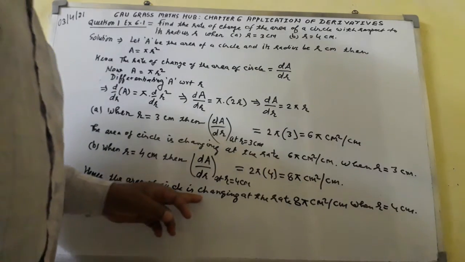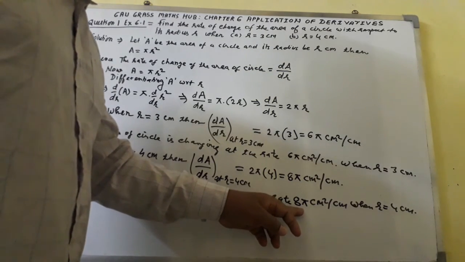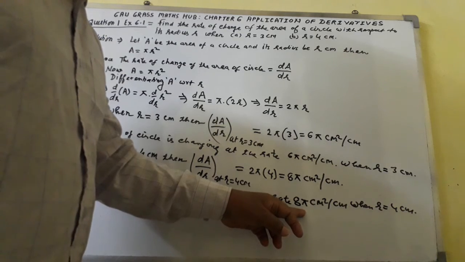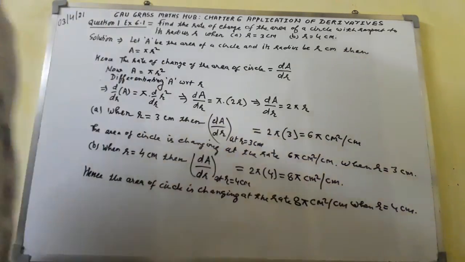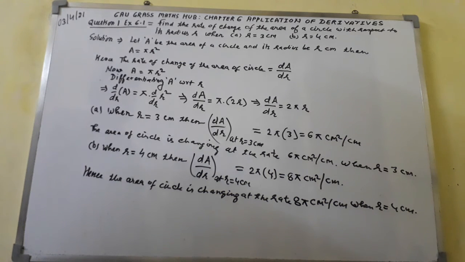Hence the area of circle is changing at the rate 8 pi centimeter square per centimeter when r is equal to 4 centimeter. This will be the correct answer we have got.